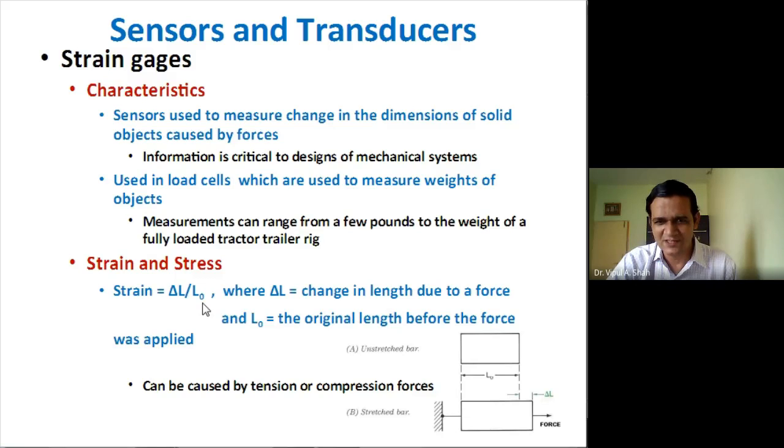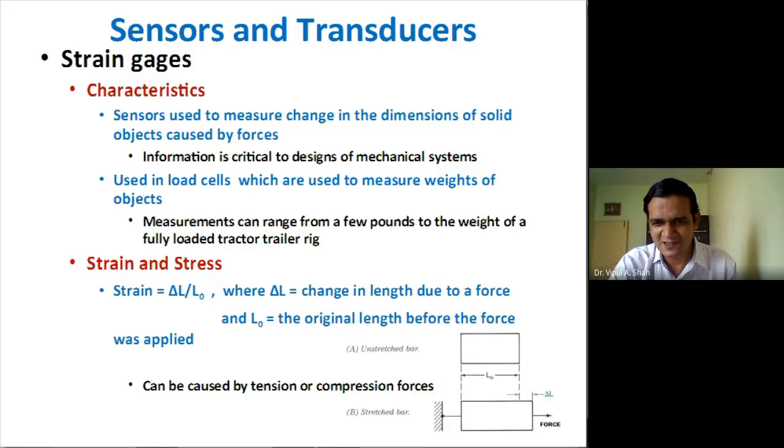So whatever original length you have, that is L0, and whatever change in length is occurring due to the force application, that you are measuring. So once you measure both these terms, you can divide delta L by L0, and that is called our strain. So this is what our strain gauge will measure as strain. This is nothing but the force which we applied, and that force is measured in terms of delta L divided by L0.